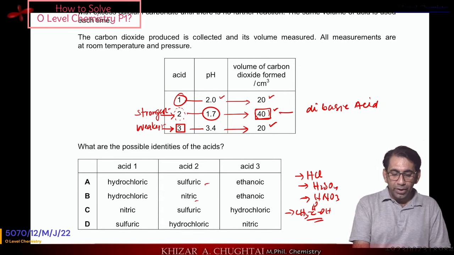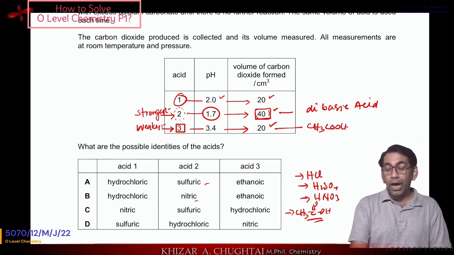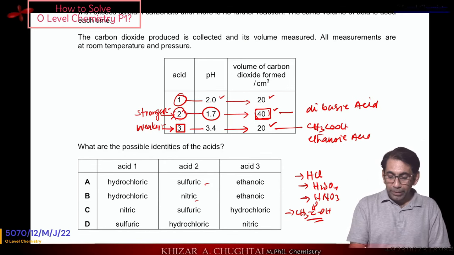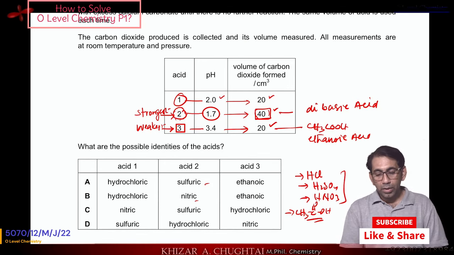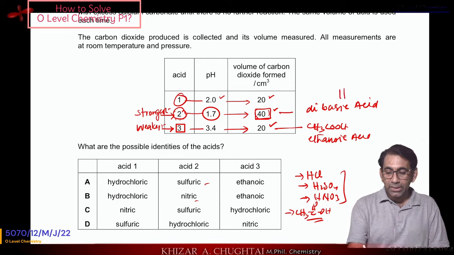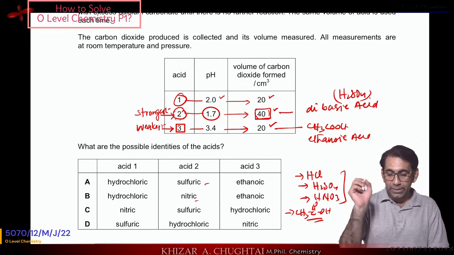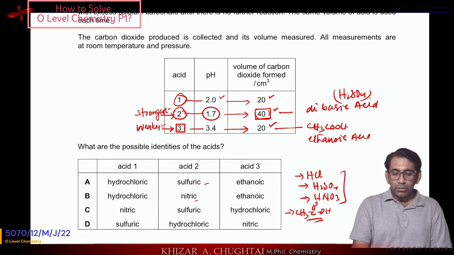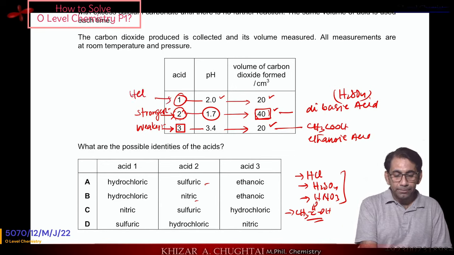So acid 3 is CH3COOH, ethanoic acid. And acid 2, having double the quantity of hydrogen ions, should be dibasic, and it could be H2SO4, sulfuric acid. The rest of the options may be HCl and HNO3.